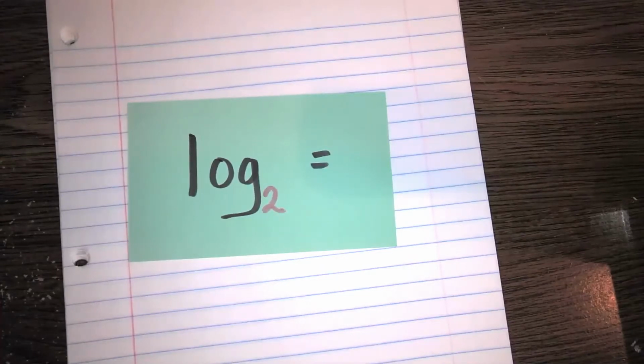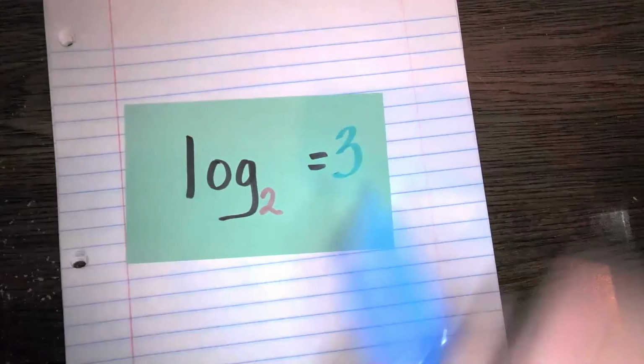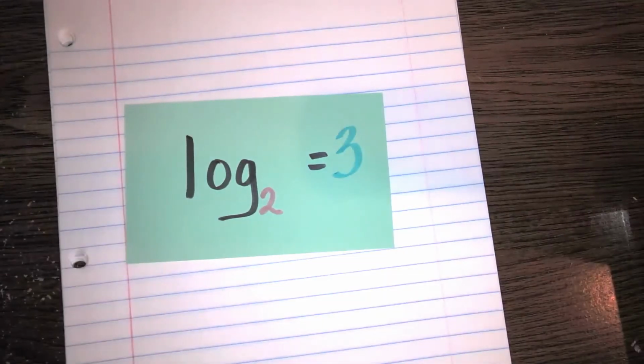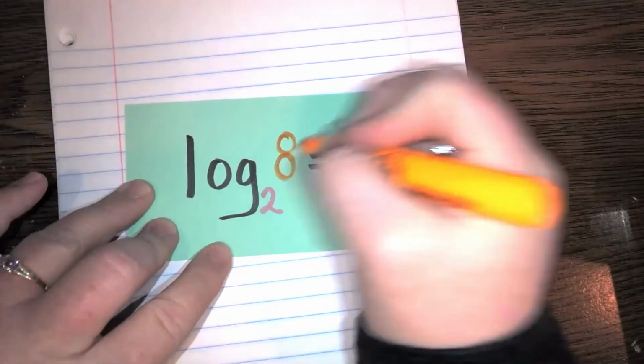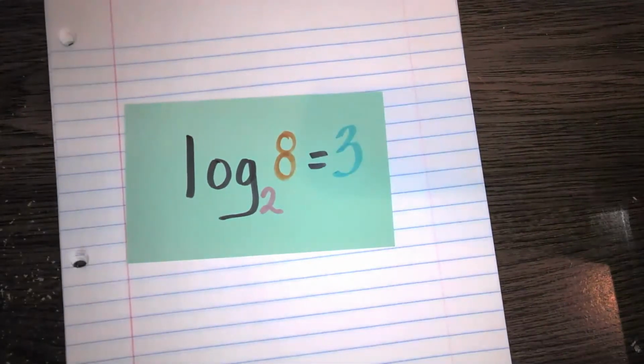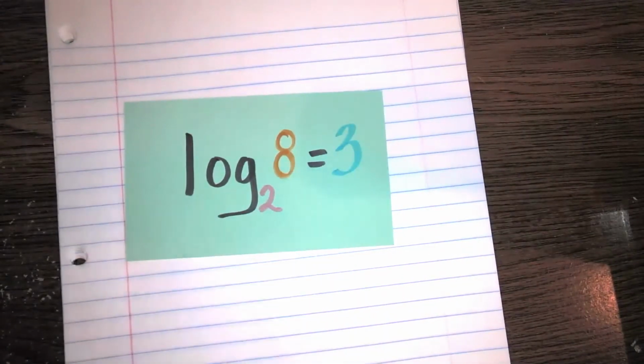Now, it was 2 to the third power. The third power goes over here. And then 2 to the third power equals 8, and the 8 goes here. Being able to write back and forth is really important.